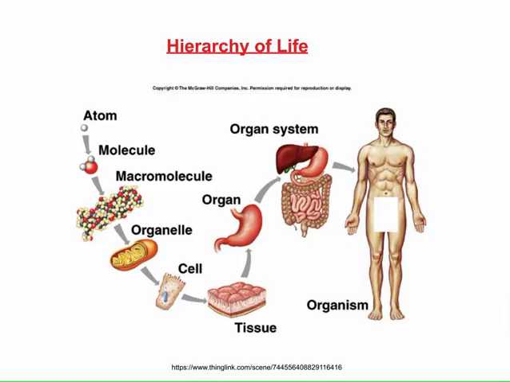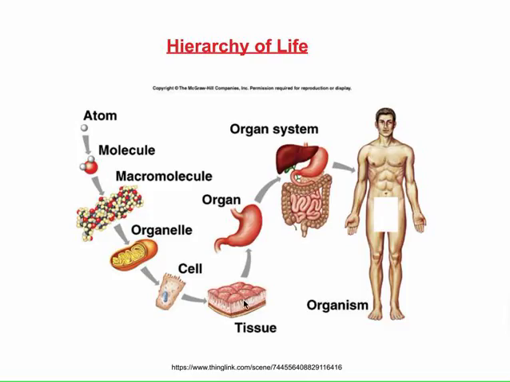In this video, I'm going to go over some of the main points that we've covered thus far in this unit. One of the first things you really need to understand is the hierarchy of life. You need to understand that we are organisms. A lot of organisms are made up of organ systems that all function together to help the organism perform its life processes. Those organ systems are made up of organs.